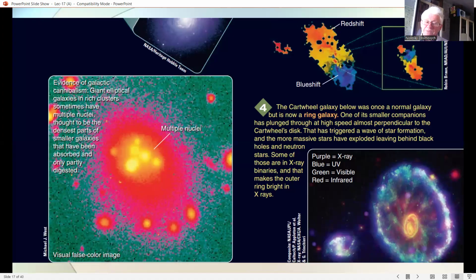Almost certainly, our galaxy has dined on other small galaxies. The nearby Andromeda galaxy appears to be doing the same thing. Its halo contains streams of stars and star clusters that it has stripped from small nearby galaxies.